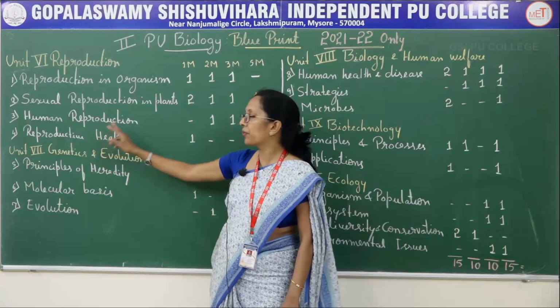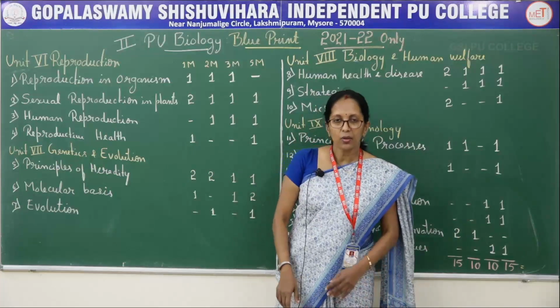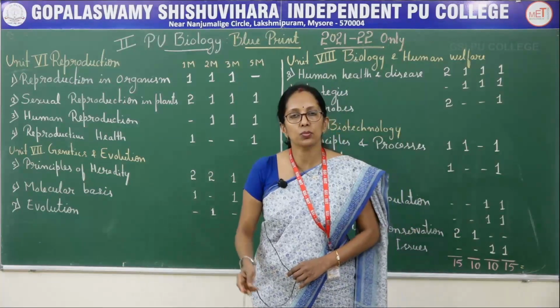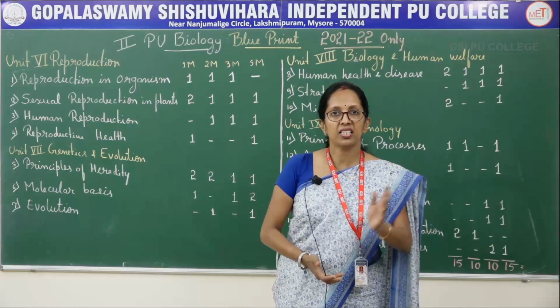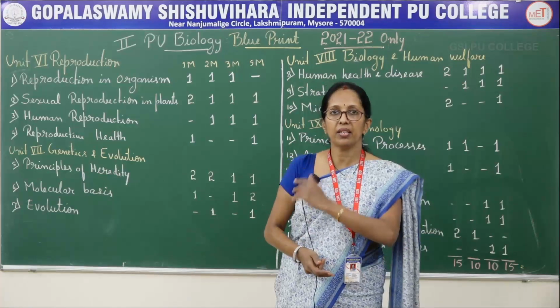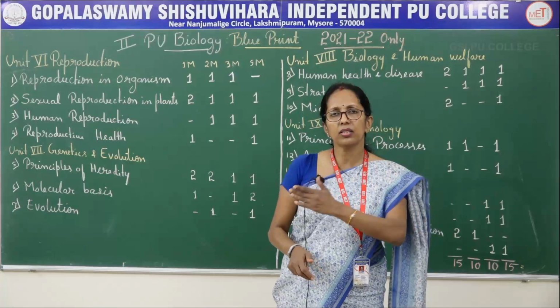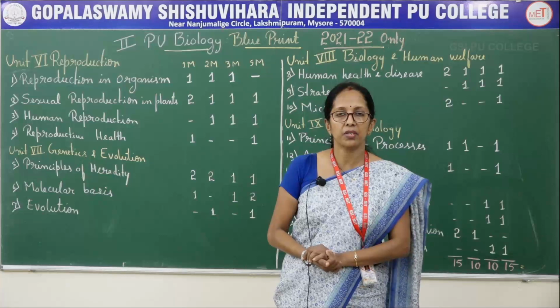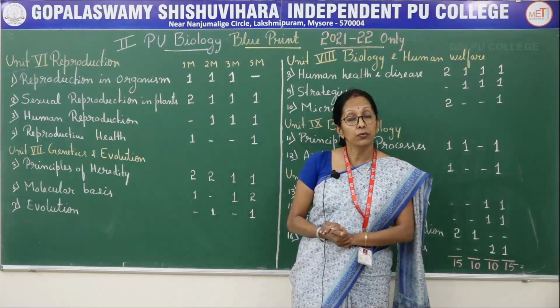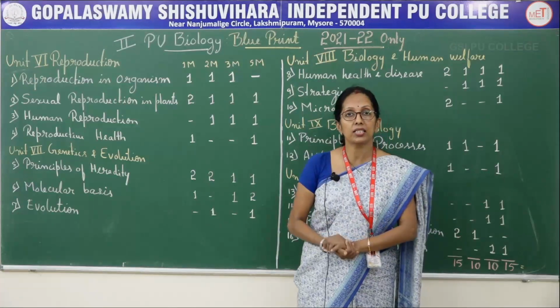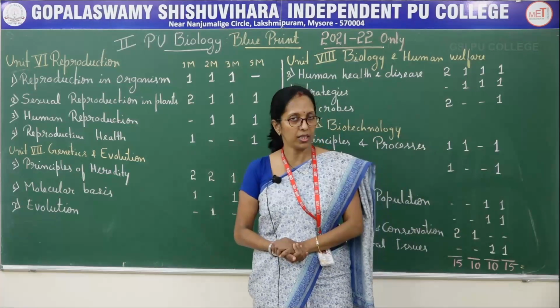Then coming to reproductive health. Here it is a very simple and very small chapter: contraceptive methods, spacing methods and permanent methods, and the different types of contraceptives with examples are very important. And then infertility: inability to conceive a child is said to be infertility.